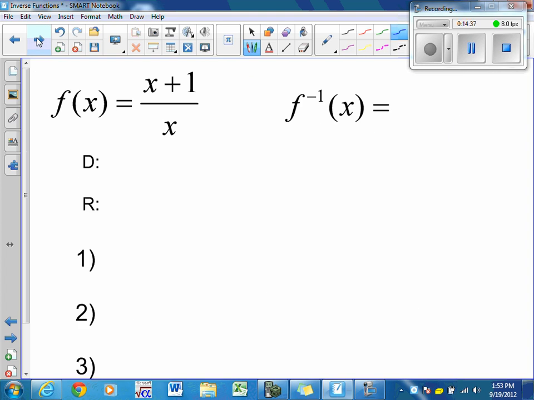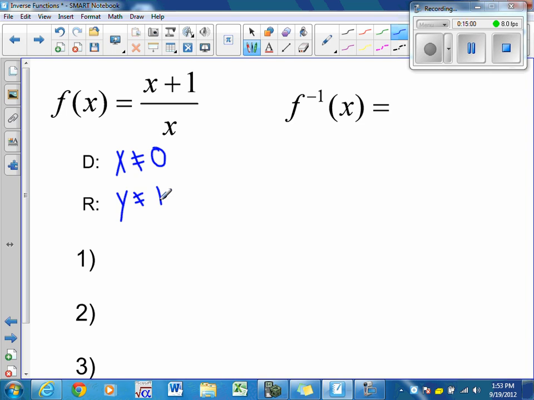So another example. X plus 1 over x. Now, first off, I'm just going to kind of give it domain and range. We've done domain before. X cannot be... What number makes the bottom 0? 0. The range we haven't talked about too much. I will just tell you the range can't be 1.